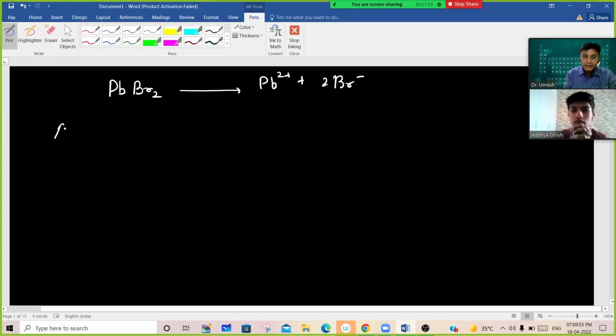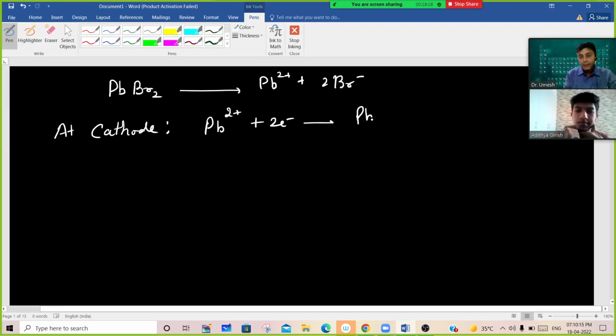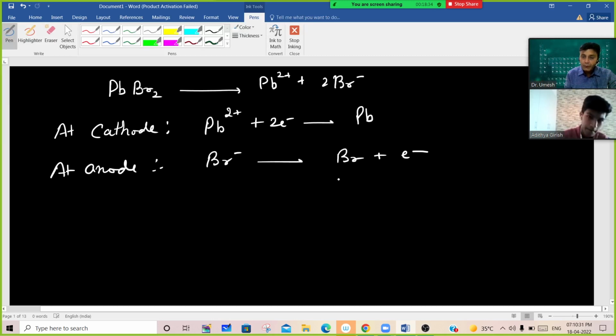Now, when you pass current, at the cathode, what will happen? What is the charge of the cathode? Cathode is negative. So there, the lead 2 positive ion will gain electrons and become lead. It means lead is deposited there. And at the anode, which is positively charged, the bromide ion will lose an electron, become Br atoms, and two such Br atoms will combine to give you Br2.